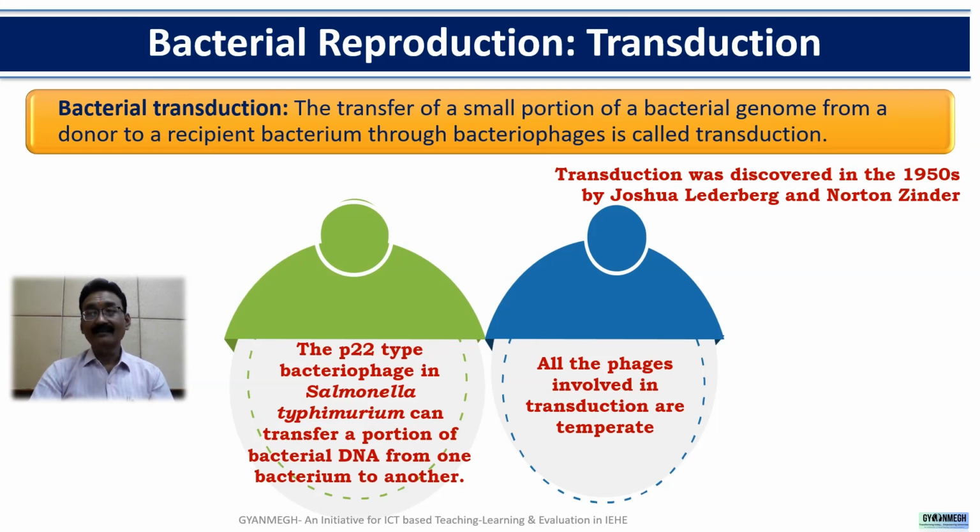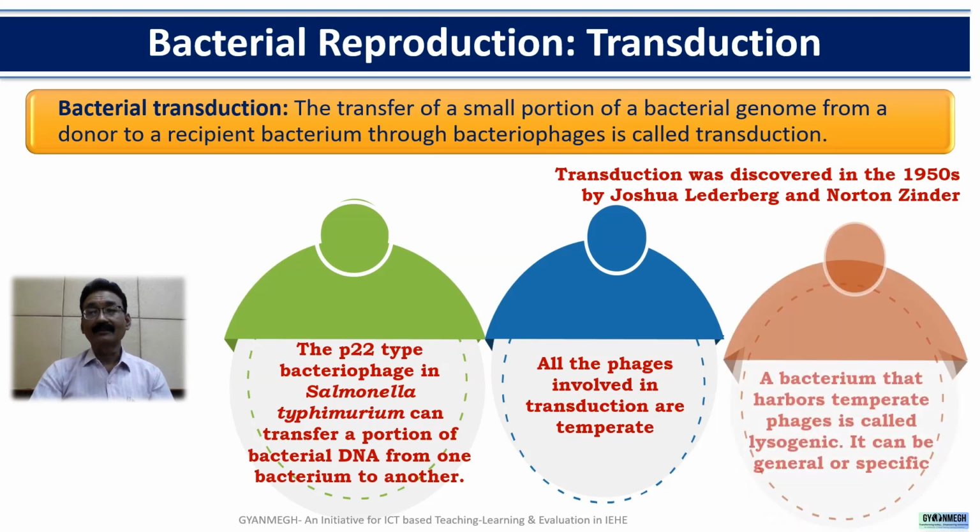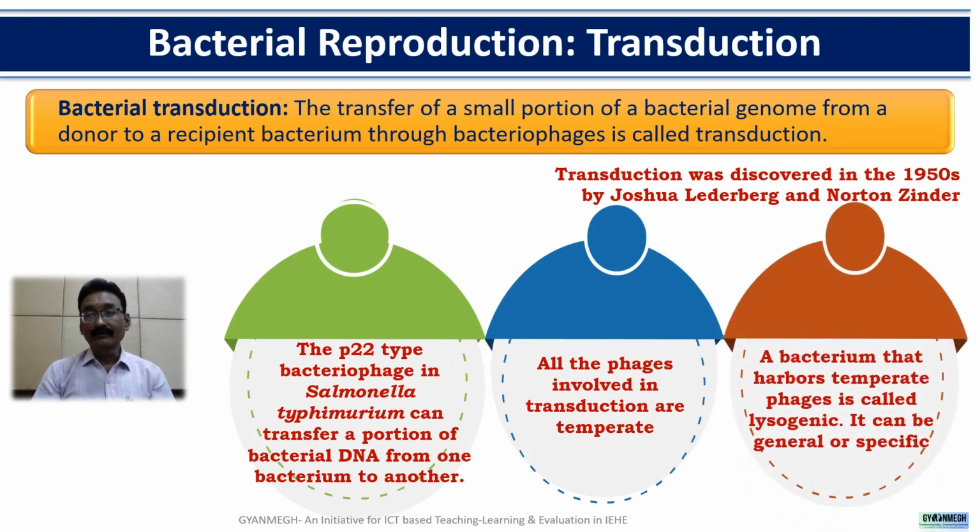Transduction can be general or specific. In generalized transduction, almost any part of the donor's chromosome can be transferred, but when it is specific, as in the case of lambda phage in strain K12 of E. coli, only specific loci, that is gal and bio genes, are transferred.